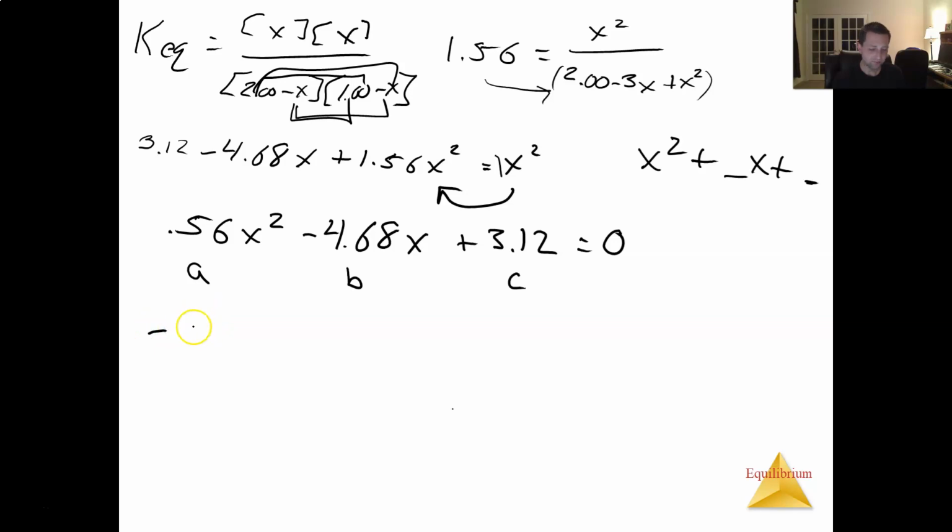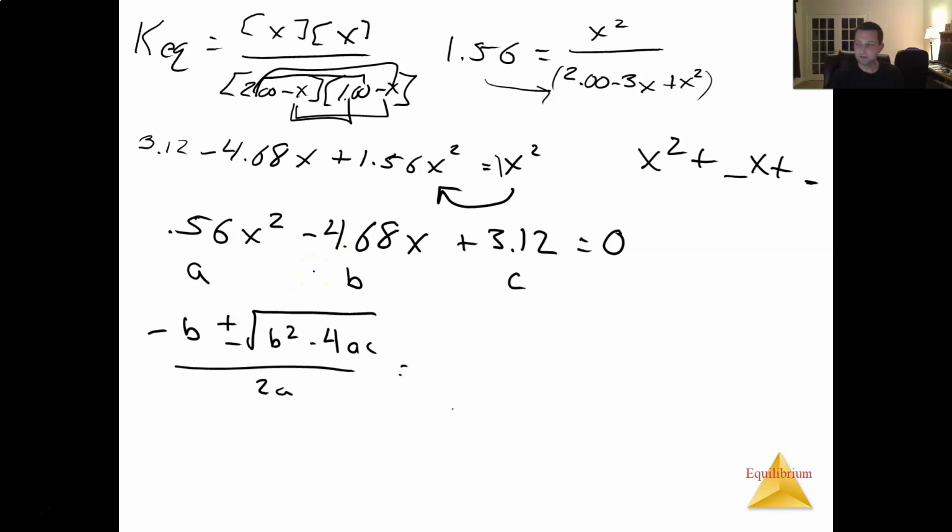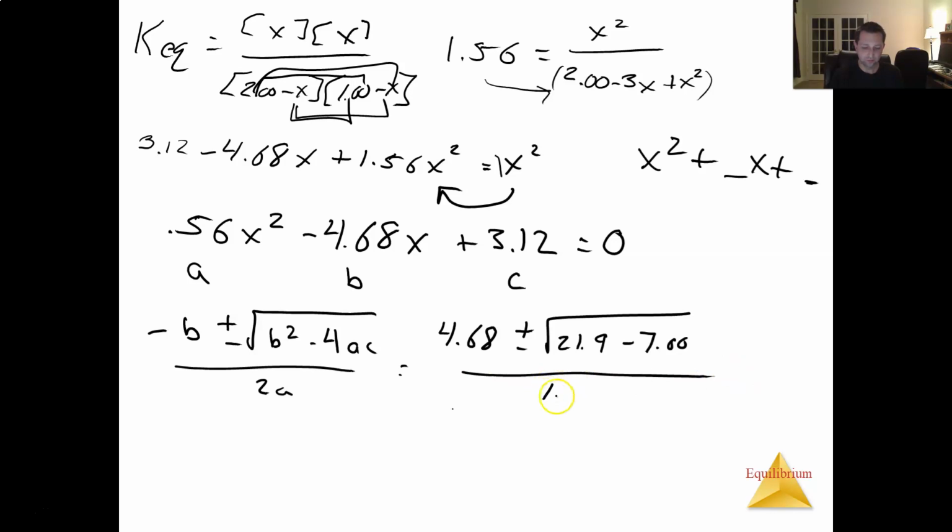So it's negative B plus or minus square root of B squared minus 4AC over 2A. Okay, plug your numbers in. So plug in your A, B, and C from above, and you end up with this. You get 4.68 plus or minus square root of 21.9 minus 7.00 over 1.12.